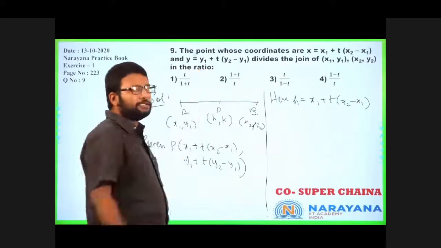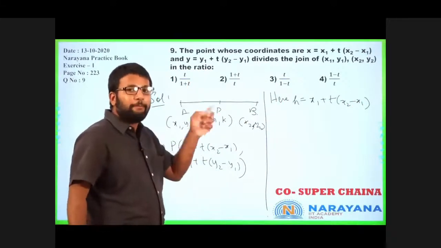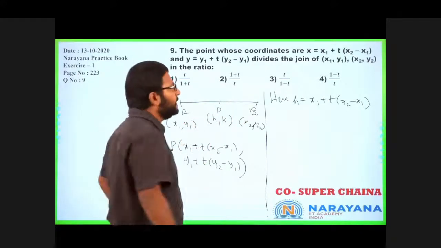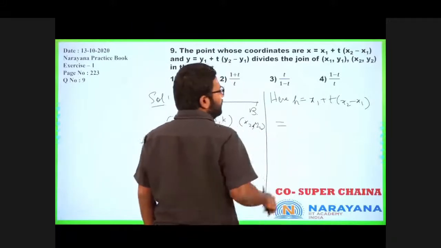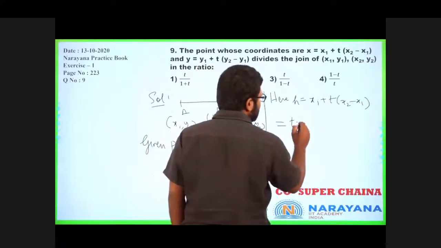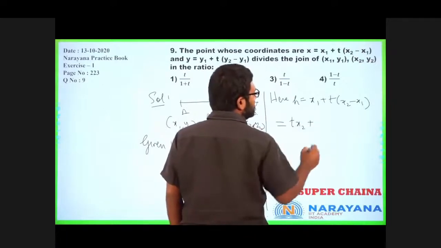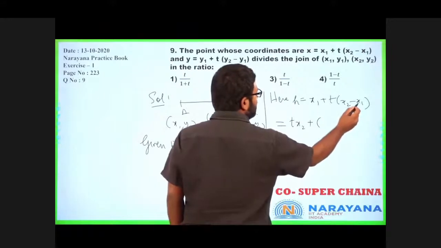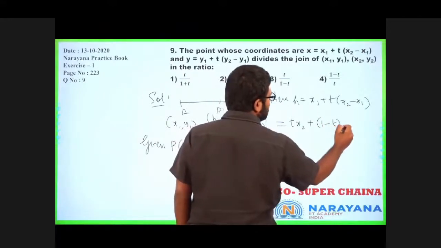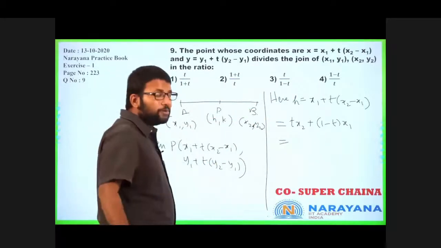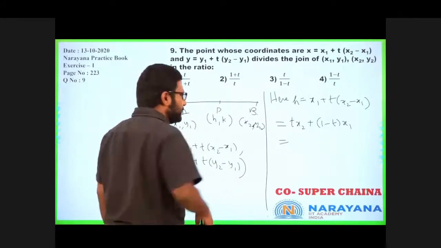I want to rearrange this in the form of (mx2 plus nx1) upon (m plus n). So first I need to separate x2 and x1. I will write this as tx2 plus x1 and here also x1, so (1 minus t) x1. Correct? Now it looks like mx2 plus nx1.